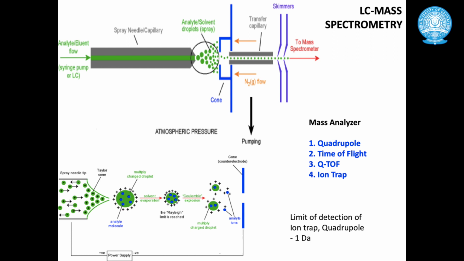Only one will be allowed to cross at a time, and the charge hits the mass spectrometer, which records the impact of the charged analyte, converts it into a signal, and that signal is displayed on a monitor, corresponding to the mass of the analyte.